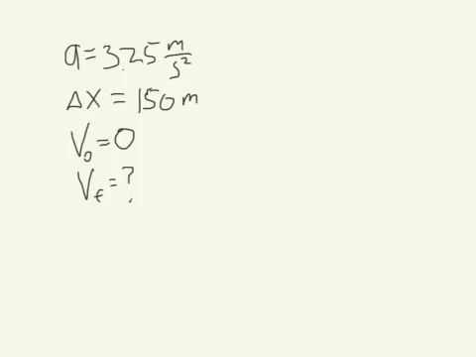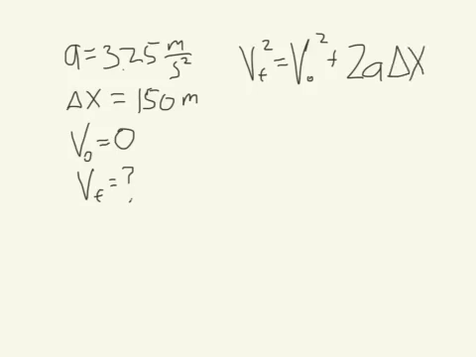So given all these variables, we can hopefully identify a kinematic equation that will allow us to solve for VF, the final velocity. And that's it. To solve for VF is just a one-step process.